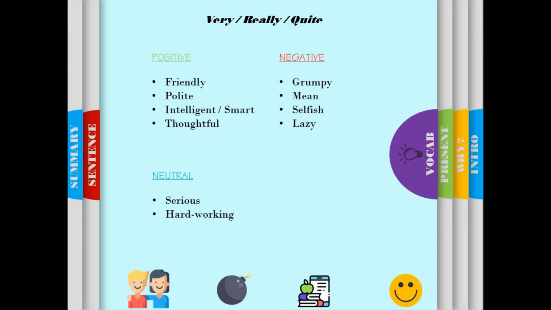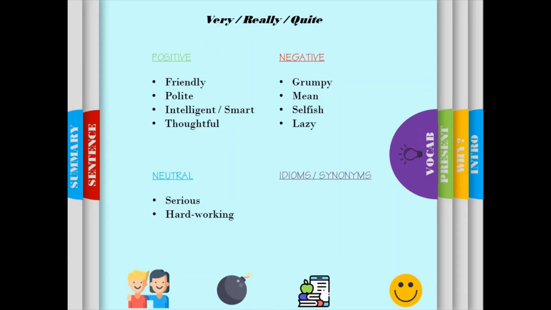The next one is hard working. So again, these can be kind of not really good or bad. Perhaps you work too much, or perhaps you enjoy your work. It's not really good, not really bad. Neutral. So serious and hard working, these are neutral adjectives.